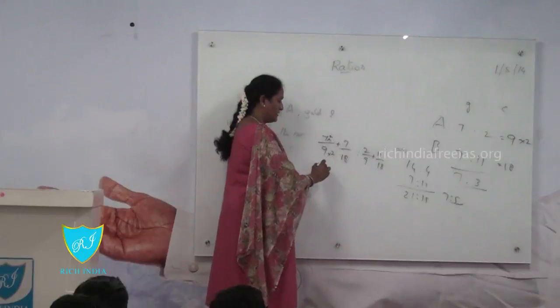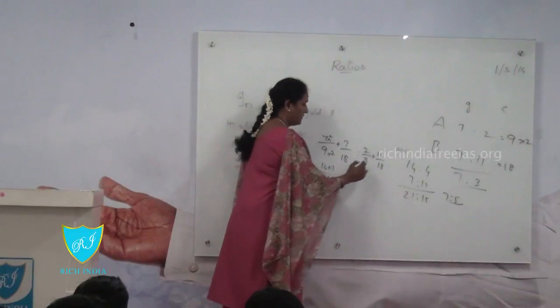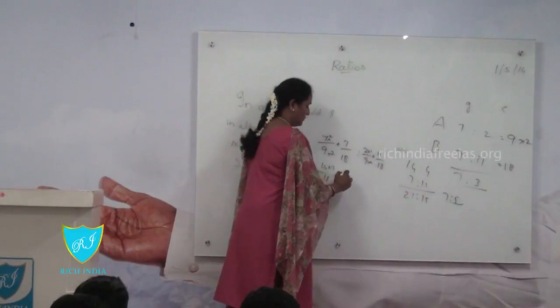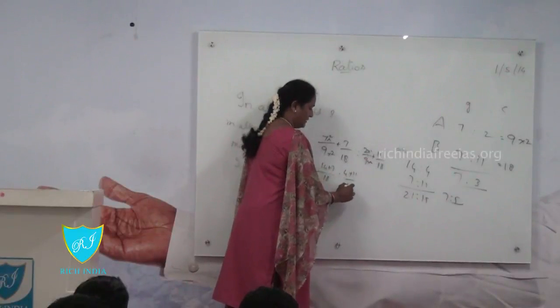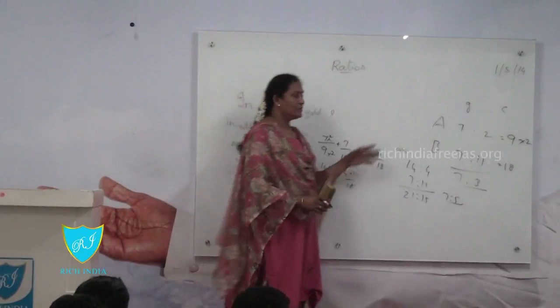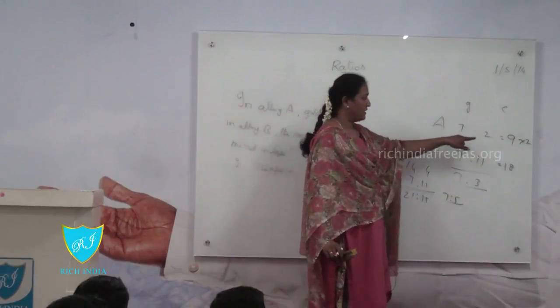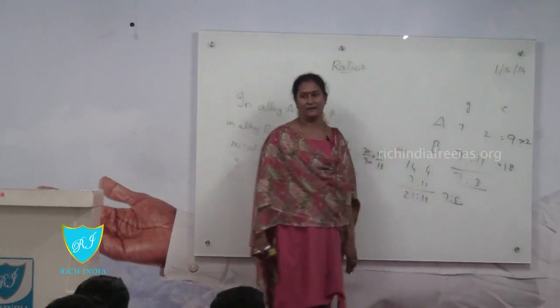So 14 plus 7 by 18, and here into 2, so 4 plus 11 by 18. The common factor cancels, so again 21:15. So we do it here. We add the parts. If they are not the same, make them the same and then add.